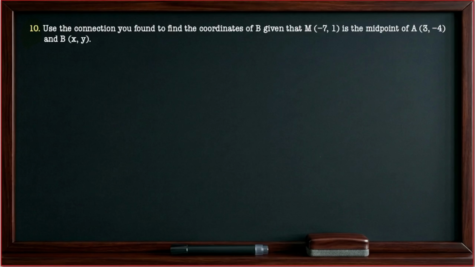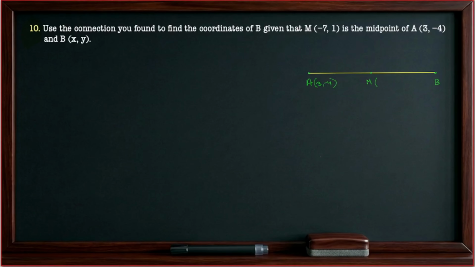Question number 10. Use the connection you found to find the coordinates of B, given that M (minus 7, comma 1) is the midpoint of A (3, comma minus 4) and B (x, comma y). So here we have to find the coordinates of B. So if you draw a line segment, this is A and B, and the middle point M. The coordinates of A is given as 3, comma minus 4.